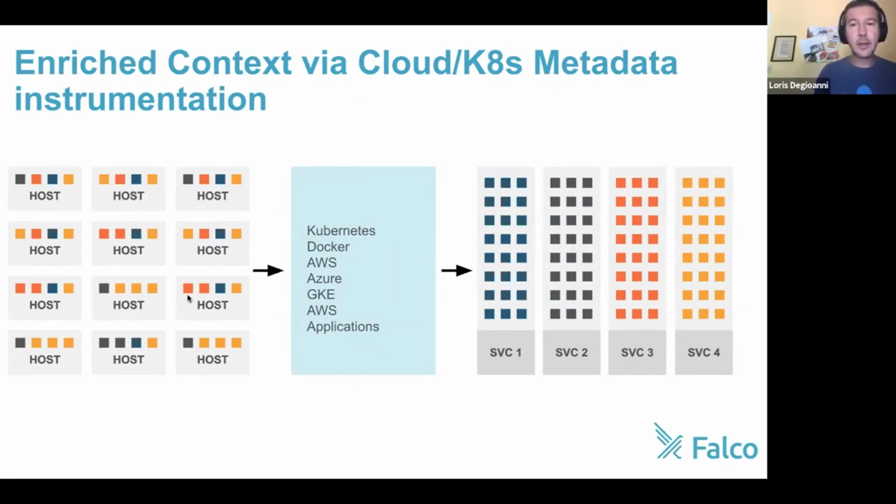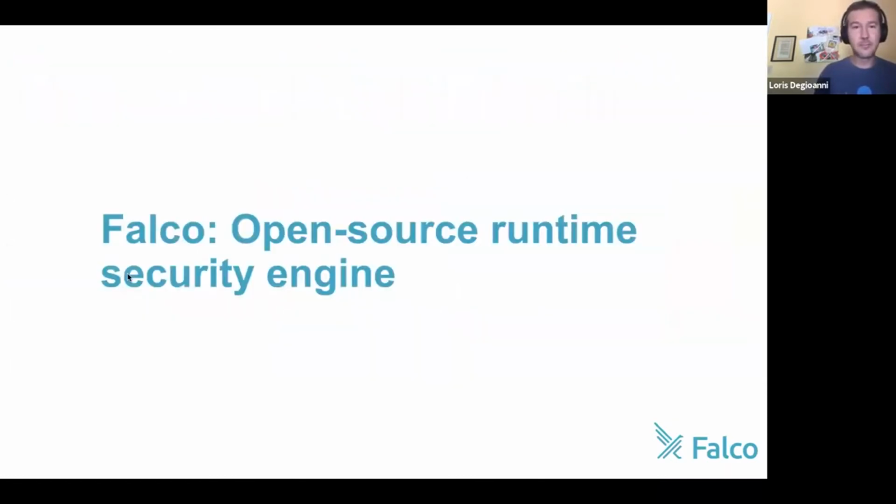When working with anything related to runtime security, you typically don't want to approach things like on the left side of the slide, but you want to look at things like on the right side. So service by service, you want to apply rules that are per namespace, per service, per deployment, and not per host or per container.